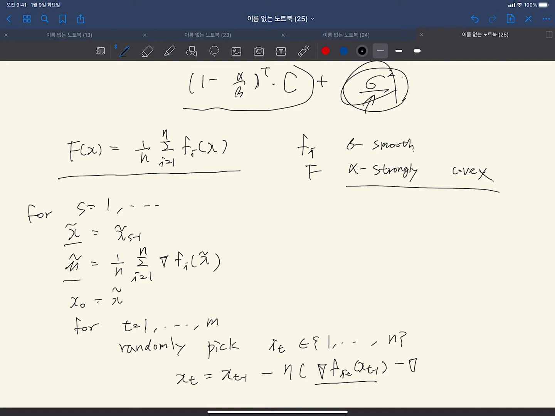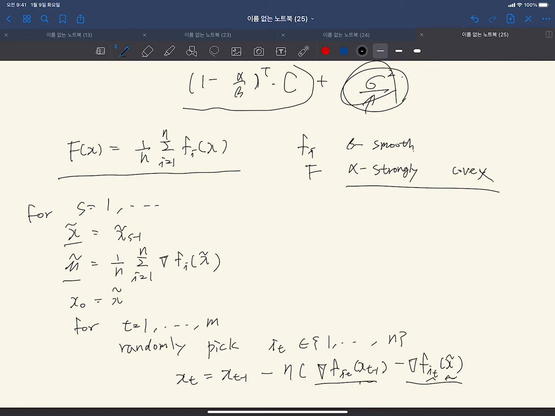Every time with the same index it, we subtract the gradient of fit at x tilde, the same gradient fit, but with a different function point.